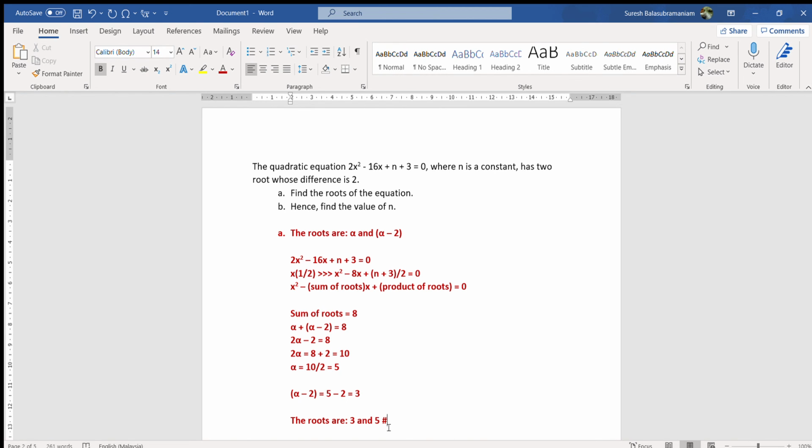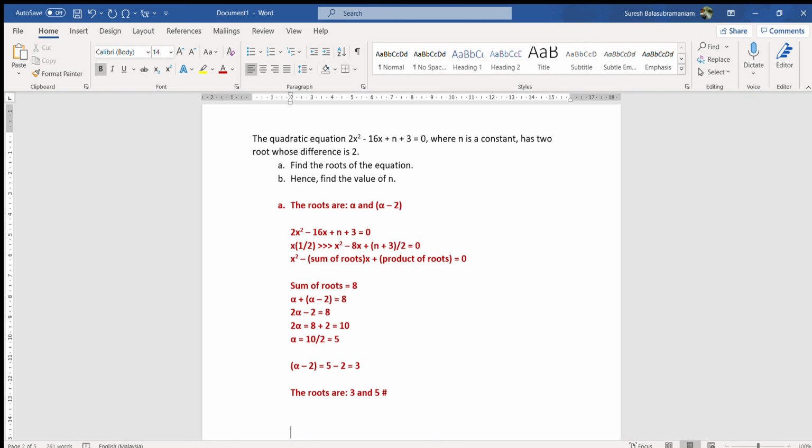Now we continue to do B. Hence find the value of n. We used the sum of roots to find the value of the roots. Now to find the value of n, we use the product of roots.